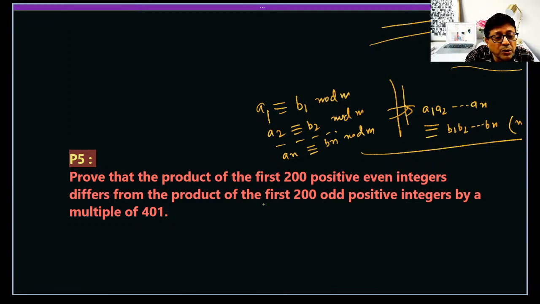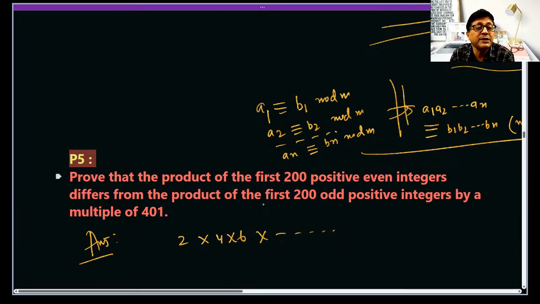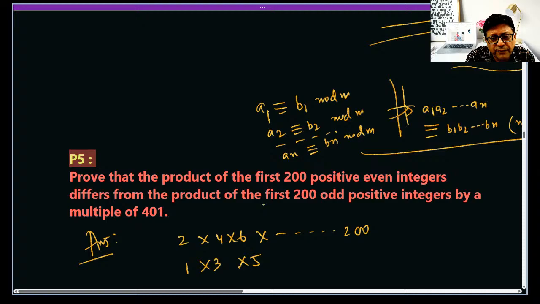Let us write to solve this sum. First 200 even positive integers: 2, 4, 6, and first 200 positive integers, 200 also included over there. And 1, 3, 5, this way up to what?